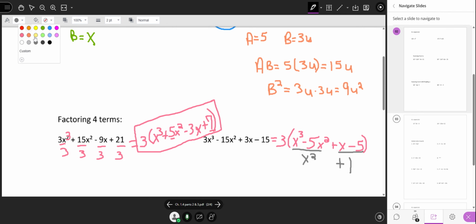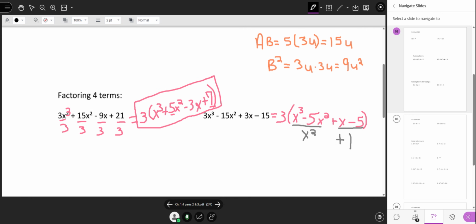So the next rule is, and remember, bring your GCF overall down. Then your first print is the GCFs of the first step.